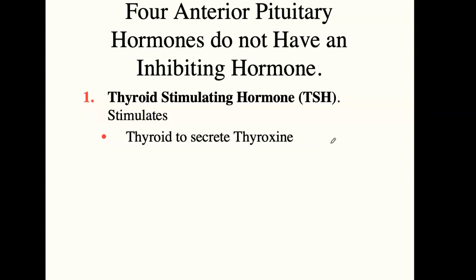It stimulates the thyroid to then secrete thyroxine. And thyroxine is a hormone that's going to alter metabolic rates in your body, all sorts of metabolism. So anything that you think of your basic metabolic rate, that changes with thyroxine. So you know someone with hyperthyroidism is someone who's releasing a lot of thyroxine.